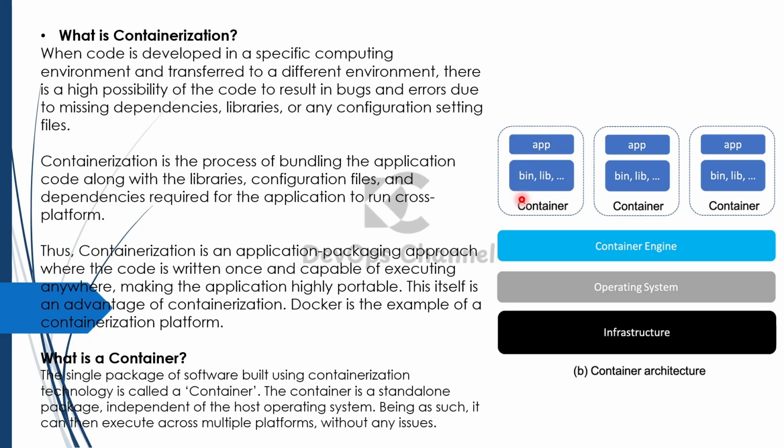Now for running these so-called containers, it also needs some kind of hypervisor, right? So here we call it a container engine. If you use Docker, Docker has the Docker engine for running those containers over your main operating system. Now if you talk about the definition, let's move ahead. When code is developed in a specific computing environment and transferred to a different environment, there is a high possibility of the code resulting in bugs and errors due to missing dependencies, libraries, or configuration setting files.